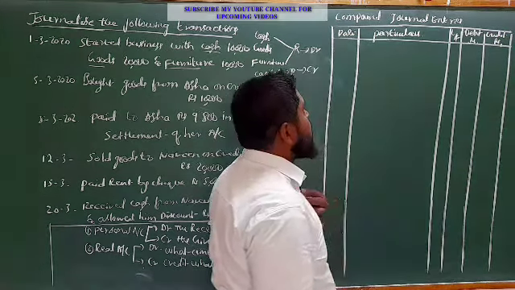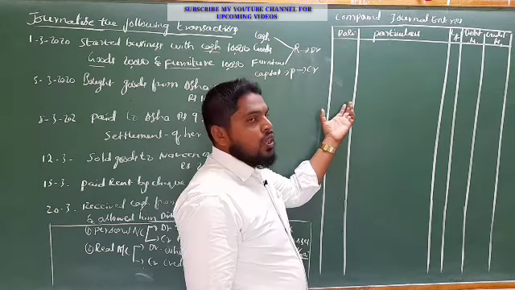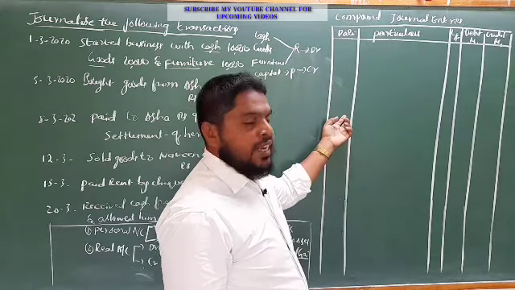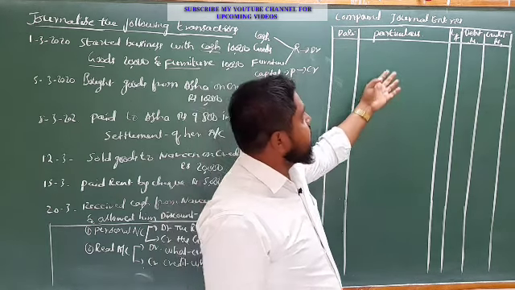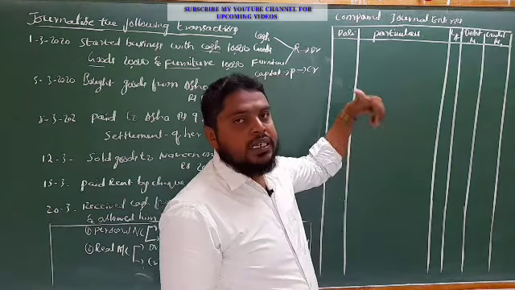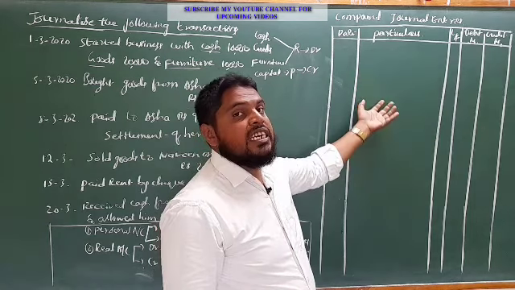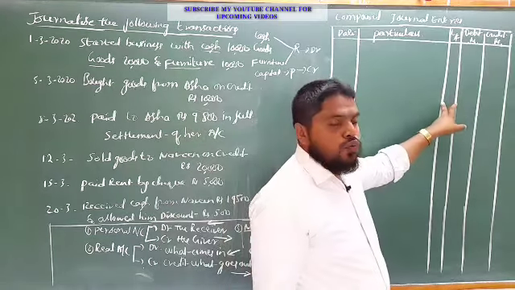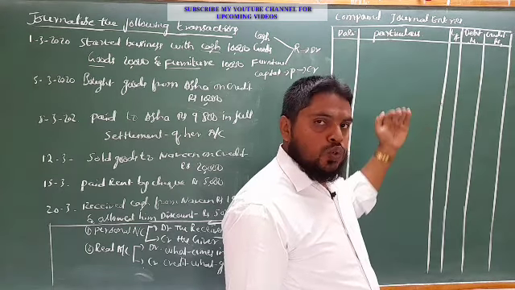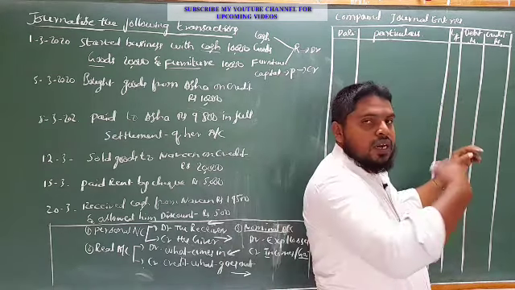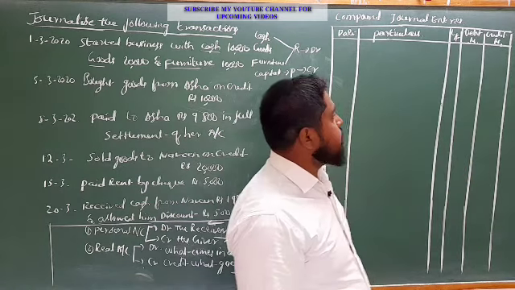So this is the format of a journal. The first column is date. In the date column we have to enter the date of the transaction. In particulars, we have to write the details about the accounts, that is the entries you have to pass here. Ledger folio is the page number of the ledger. Debit means the left side rupees column, and credit means the right side rupees column.